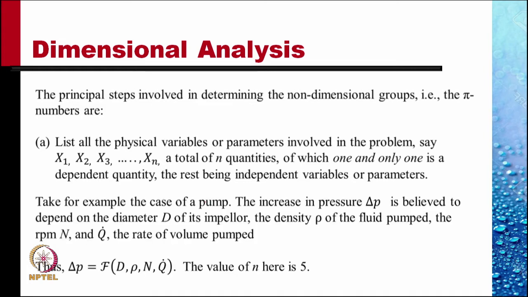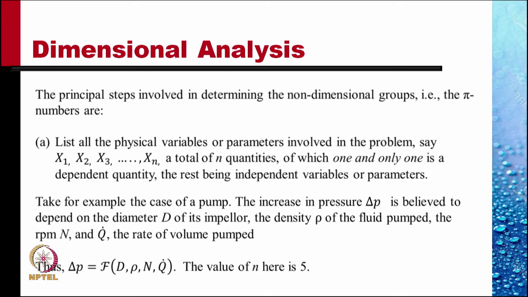Take, for example, the case of a water pump, like we discussed earlier. The increase in pressure delta P is believed to depend on the diameter d of its impeller, the density rho of the fluid pumped, the RPM n, and Q dot, the rate of volume pumped.